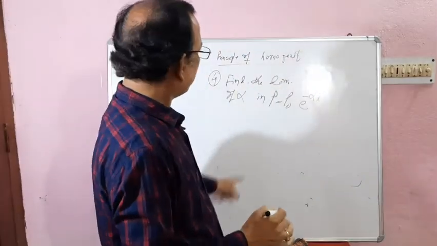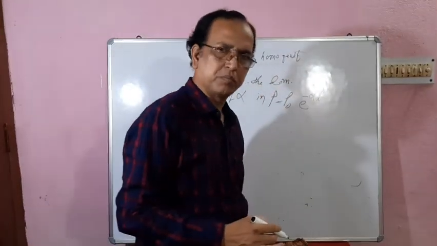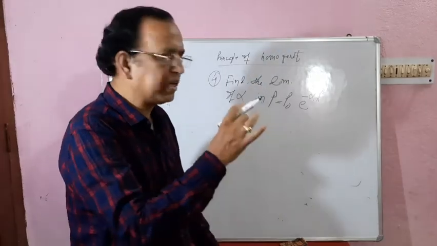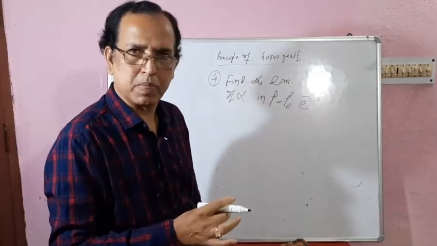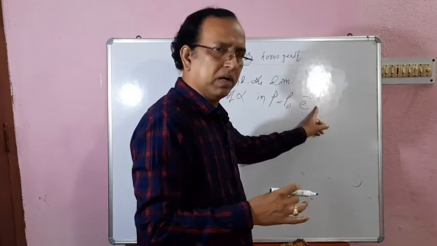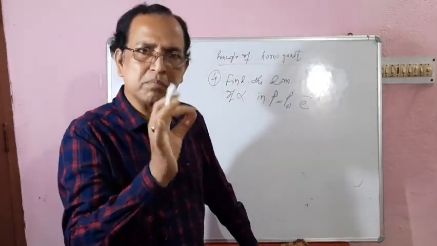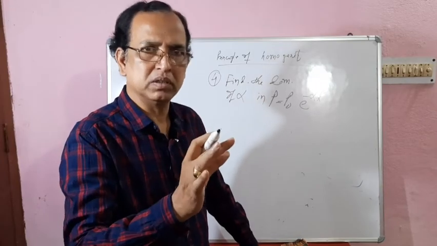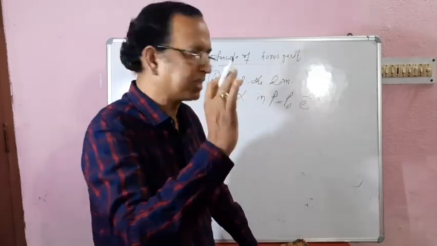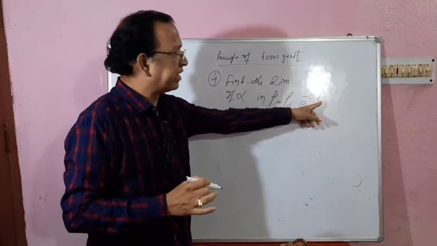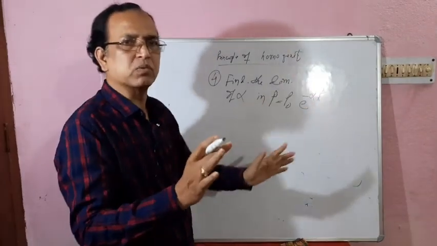So we can find out the dimension of alpha. e to the power minus alpha t square: it is the power. Power is a number, a pure number, which is dimensionless. So minus alpha t square is a dimensionless quantity.